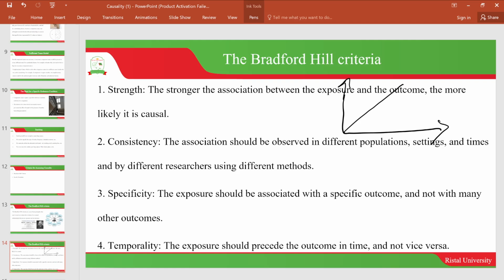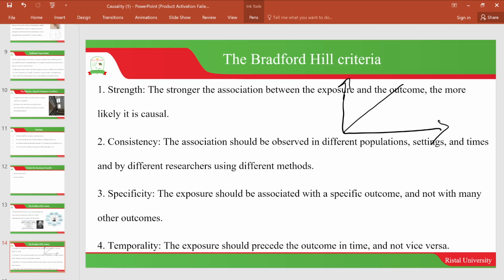The more you increase the rate of smoking, the more you are likely to get a greater number of people with lung cancer. That is about strength: the exposure increases the likelihood of the outcome, which is the health condition or event of interest. I guess that is very clear.